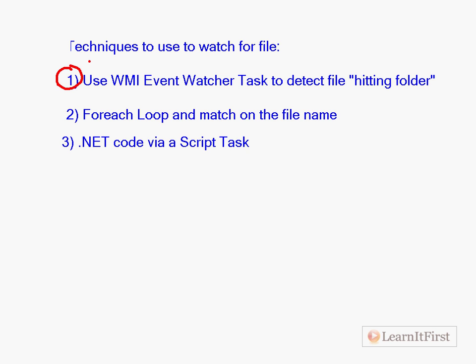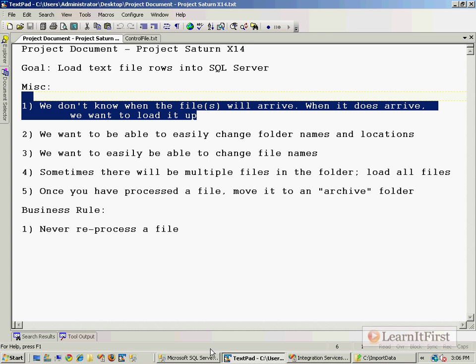And number 1 is probably the one that you have the least experience with. If you're a .NET programmer, you already know how to deal with the file system, so you wouldn't really learn a lot using number 3. And the for each loop is actually fairly simple, but most people don't know WQL, so I wanted to show you that one. So that's the one that we're going to take a look at in here.